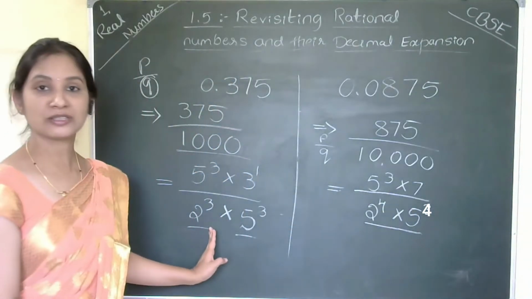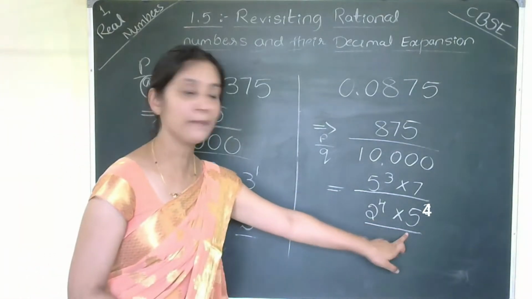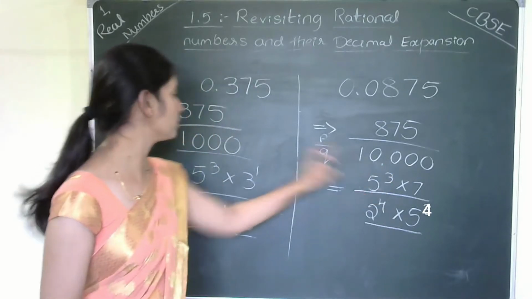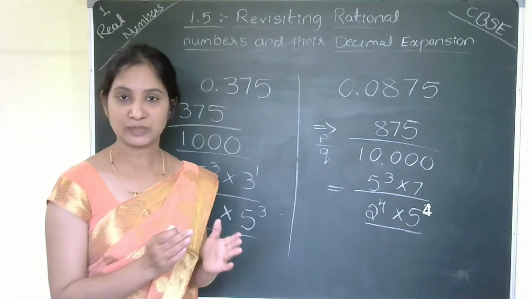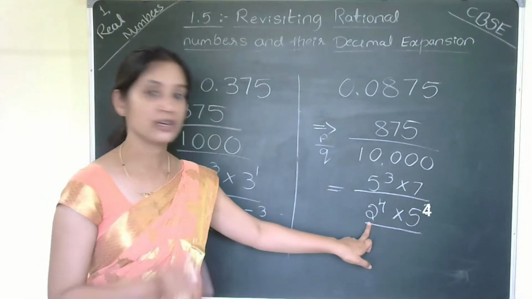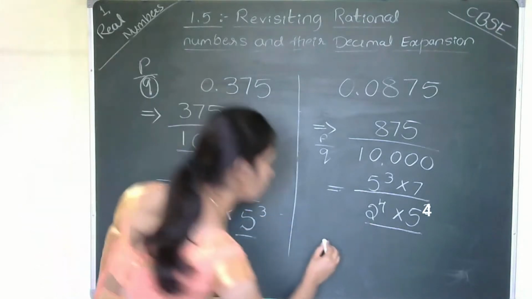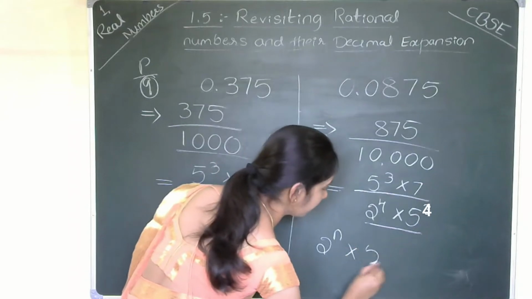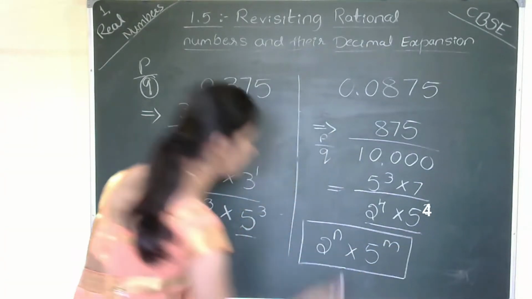In this example you have observed why 2 and 5 will come: you are having a base 10 number here, like 10,000, 1,000, 100 or 1 lakh. So in general you can express it as 2 raised to n multiplied by 5 raised to m. So this is our conclusion.